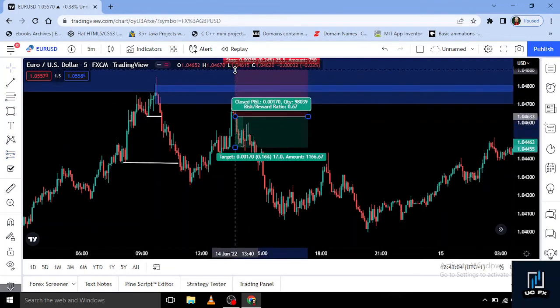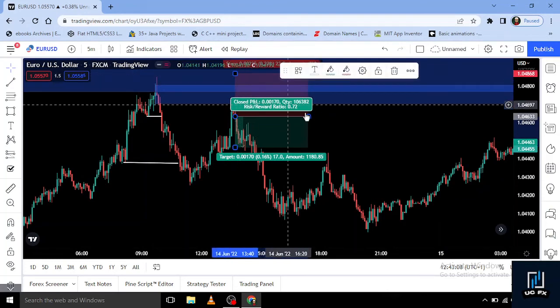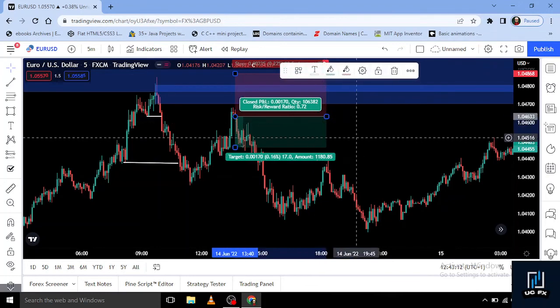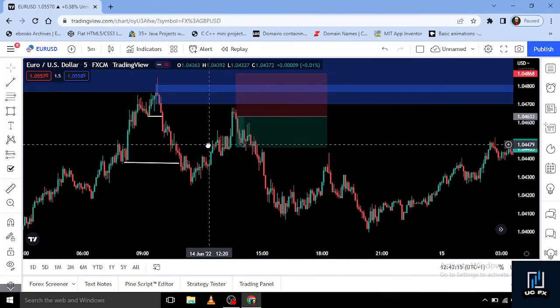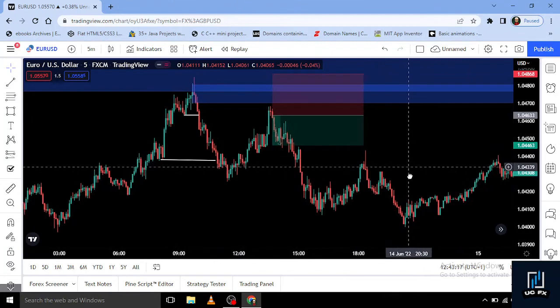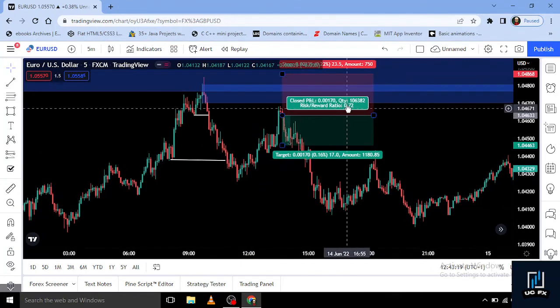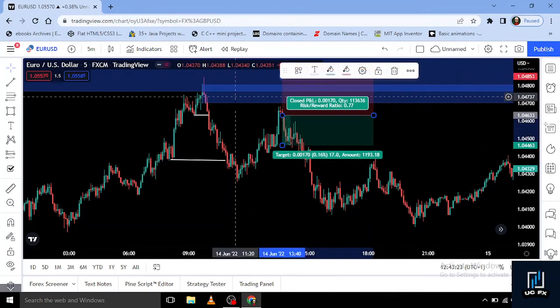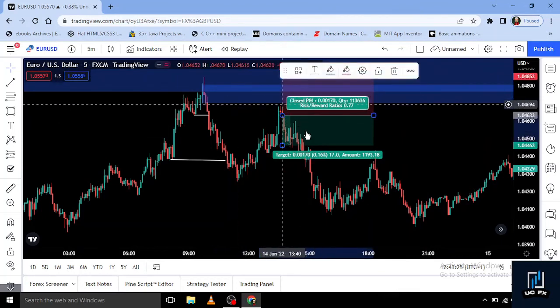You place your stop loss just slightly above the 5-minute order block, and that will be about how many pips? That's about 22 pips.